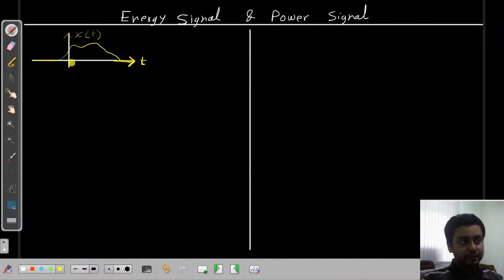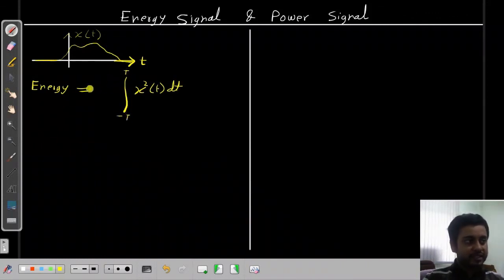Now if you calculate the energy, that is integration of x squared(t) dt from minus T to plus T with limit T tending to infinity, you will get some finite number.